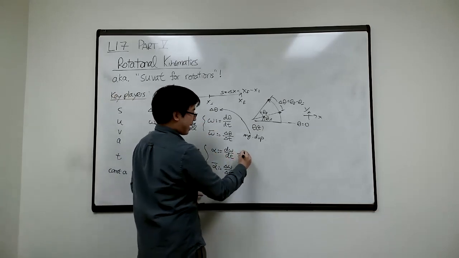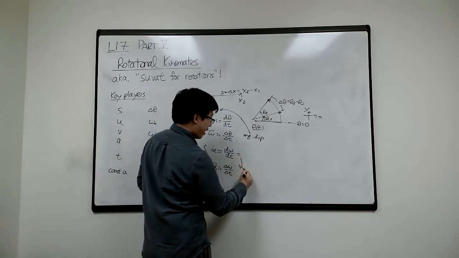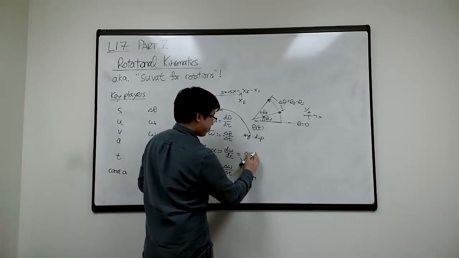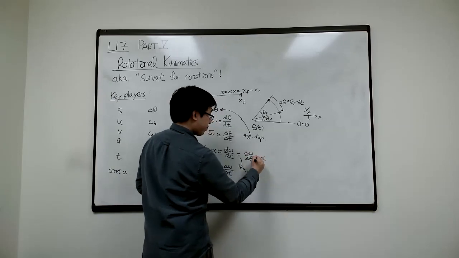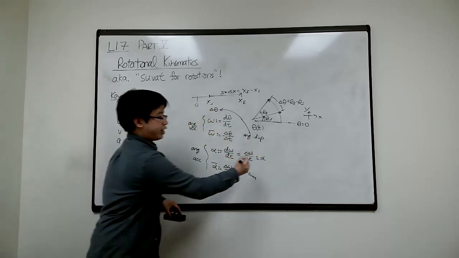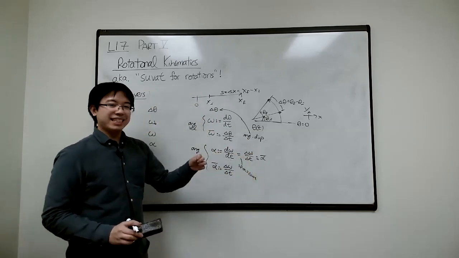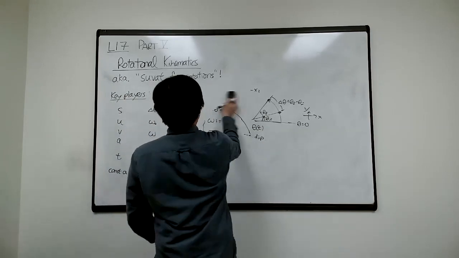So if alpha is constant, then it's the same as the average acceleration. Instantaneous equals average if at every instant it's the same. Hopefully that's a quick reminder.